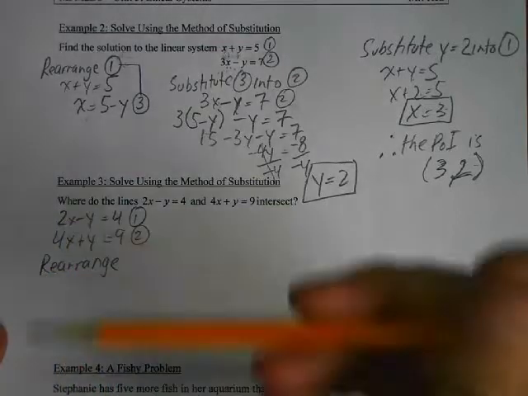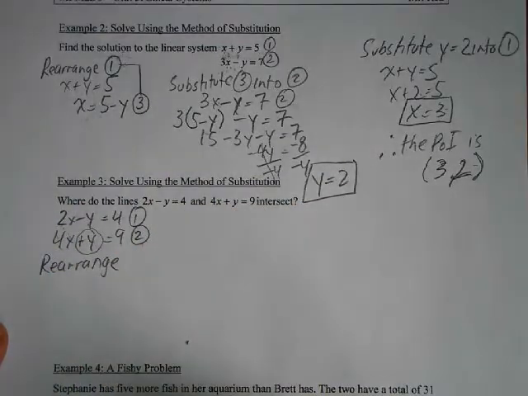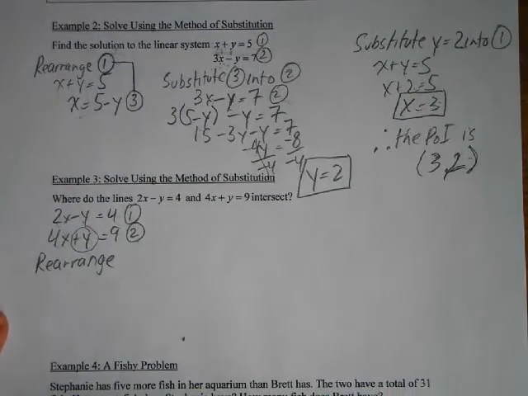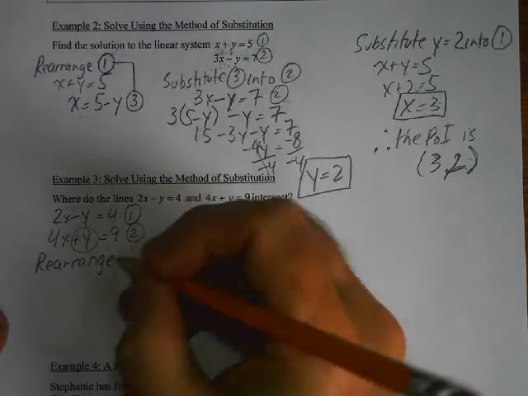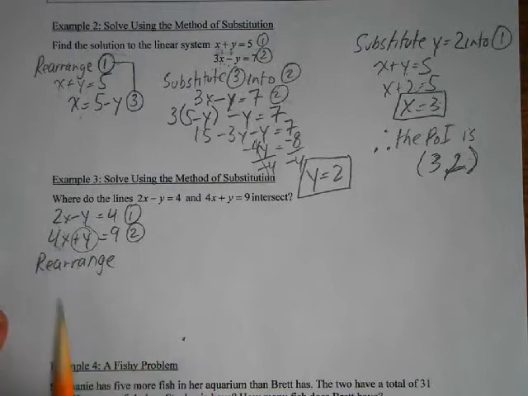So I think this is the best choice. That doesn't mean if you rearrange for something else it won't work. What you want to try to avoid is fractions. We haven't had to work with fractions yet, but if you tried to rearrange for this x in the second equation, you'd end up with some nasty fraction work. So try to avoid that.